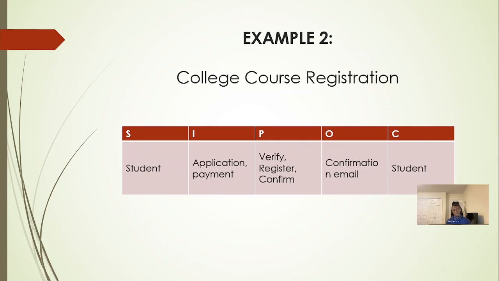The outputs might be the confirmation email and the class schedule, and finally the customers are the students. Now everyone knows their schedule and how they broke it down for the coming semester, for example.